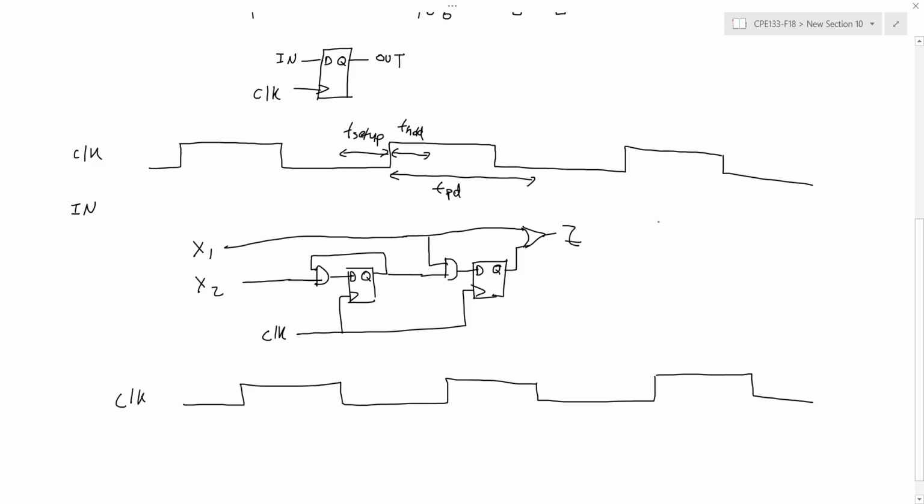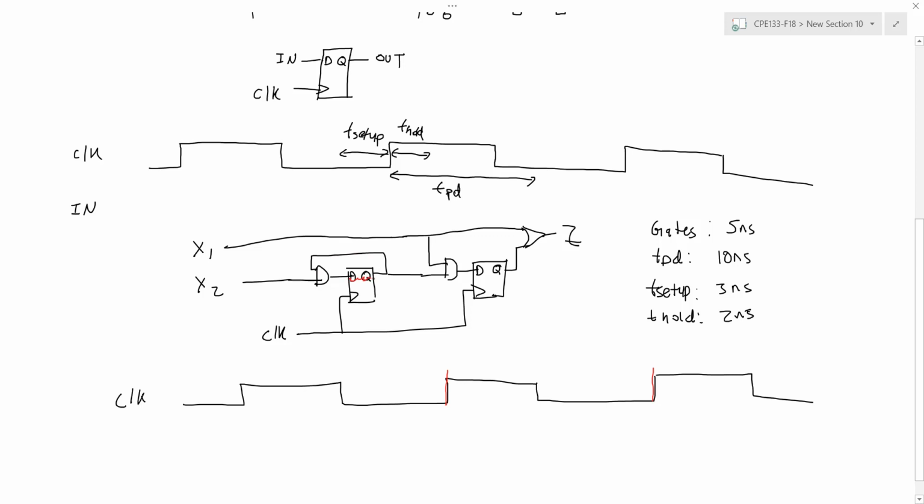So let's say our gates all have a delay of 5 nanoseconds. The flip-flop has a delay of 10 nanoseconds. The setup time is 3 nanoseconds, and the hold time is 2 nanoseconds. So going from a flip-flop edge to the next clock edge, and it could be from any of the flip-flops, but I'm going to go ahead and look at this one because this one feeds back into itself.